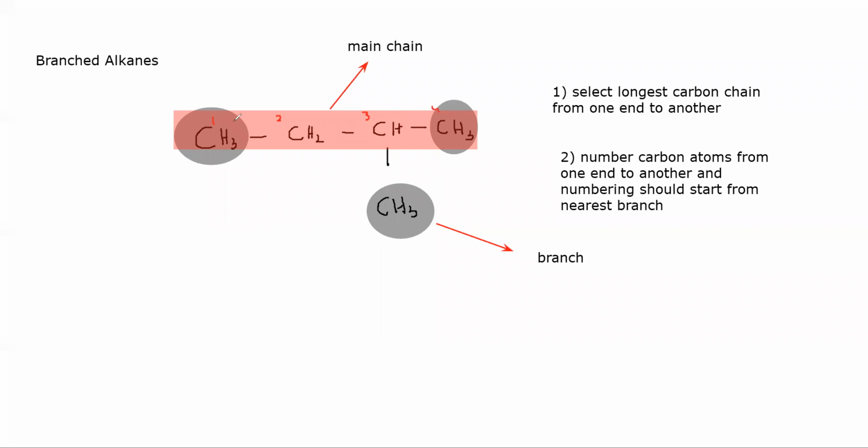So if I give the number from left to right, the branch is coming at 3. But if I number from right to left, 1, 2, 3, 4. So which numbering should I follow? From right to left or left to right?